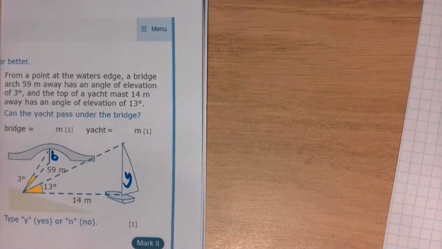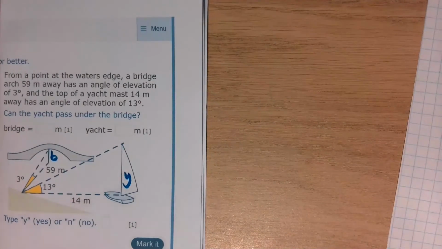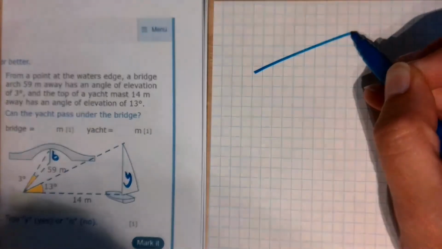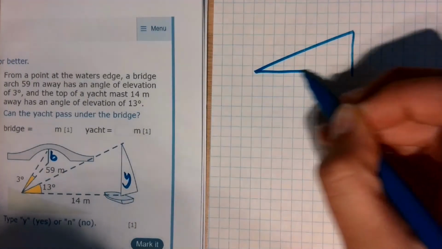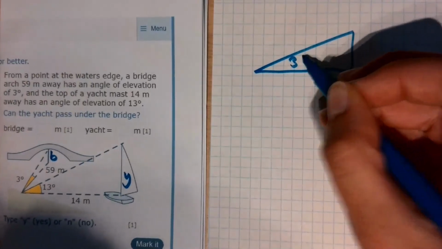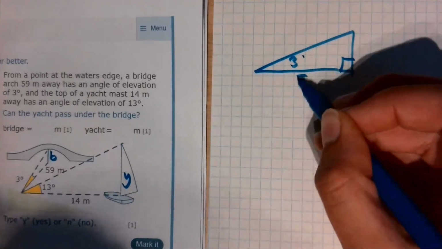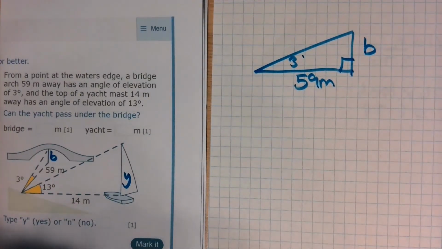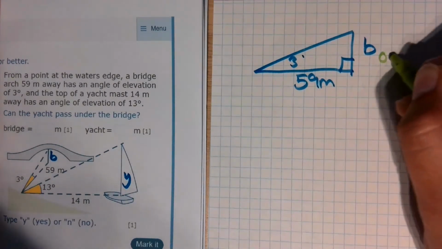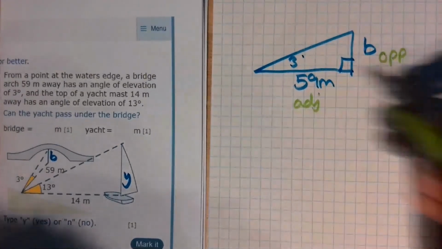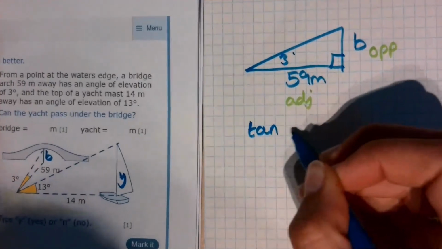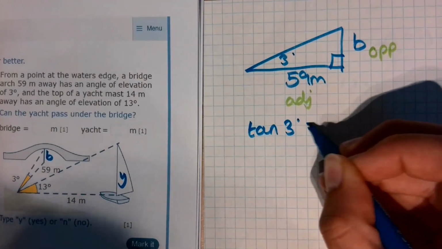So we've got 2 triangles. This time, however, they have no sides in common. We just need to find out B and we need to find out Y. So we first of all do our bridge, which is 3 degrees. Right angle there, we're 59 metres away from the bridge, and we're trying to find out B, the bridge. That's the opposite, that's the adjacent. Usually when we use angles of elevation and depression, we are using tan.